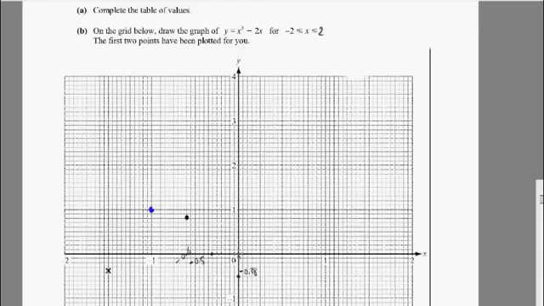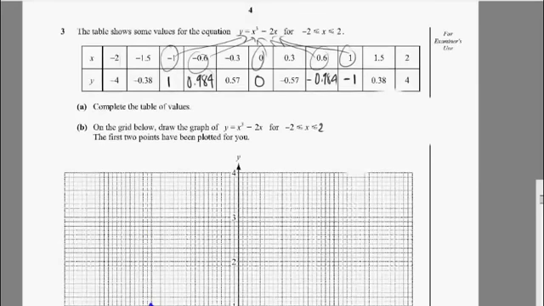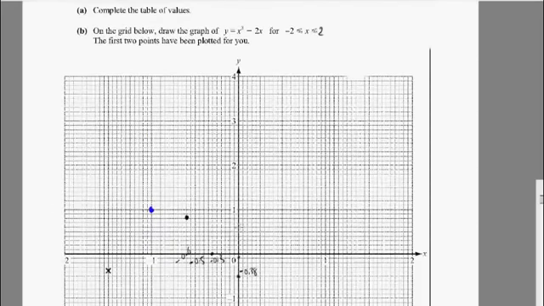How do I know that? If 2 boxes are an increment of 0.1, 0.1, 0.2, 0.3, this is my negative 0.3, and the point we have there is 0.57. We expect it to be midway on this side. I'll make a line like that, not a point. So we expect this to be halfway here.